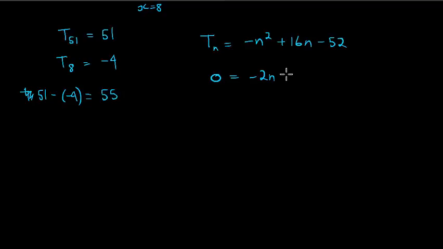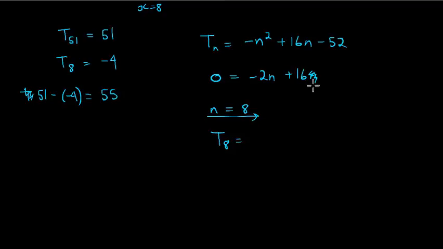Minus 2n plus 16, that's the derivative. Make it equal to 0, so n will solve and you get an answer of 8. Now that's where the maximum value occurs. So what is the maximum value? Term 8 is the maximum. When I take the derivative and make it equal to 0, I get where the maximum is, or the minimum, whatever.